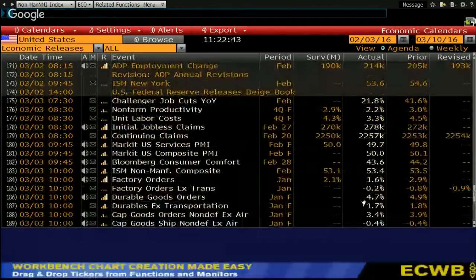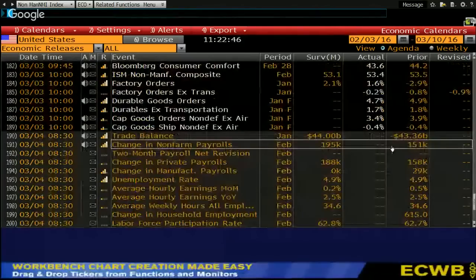So there's scope that perhaps the data is wrong, but what it does tell us is that even if we do get a bounce, it's not going to be 195,000. It may be 170,000, for example.